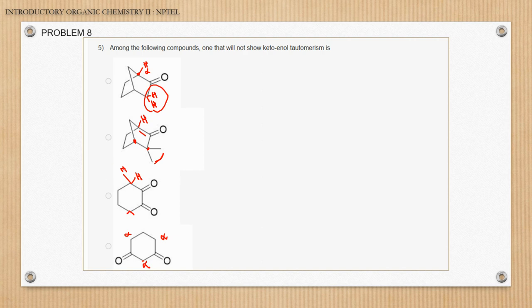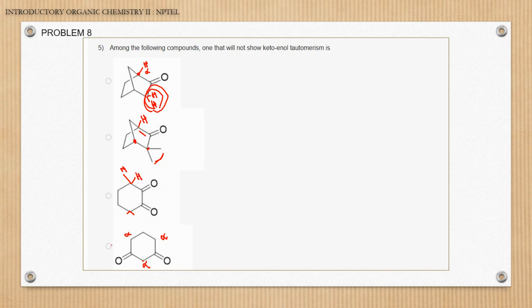So that is why in the case of B, it will not give keto-enol tautomerism unless you have a proton at another position. You are not going to see keto-enol tautomerism. Option A is going to show keto-enol tautomerism. Option C also is going to give keto-enol tautomerism.